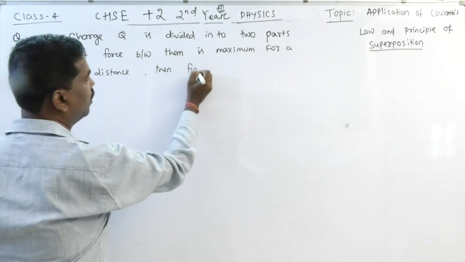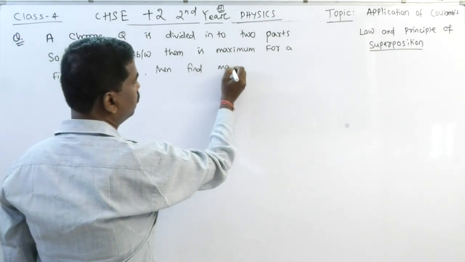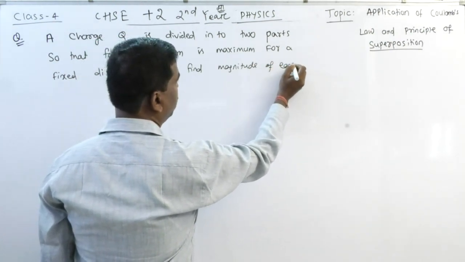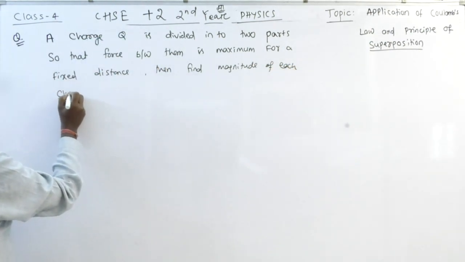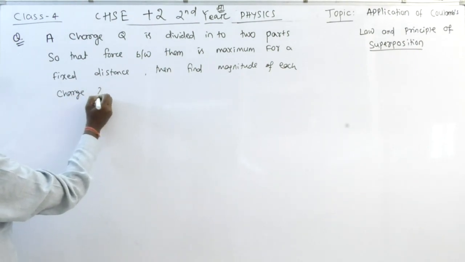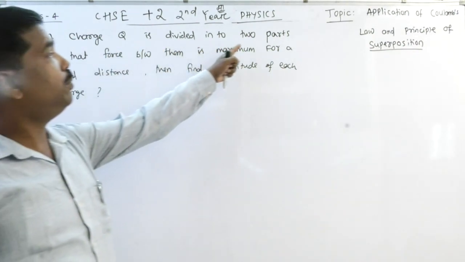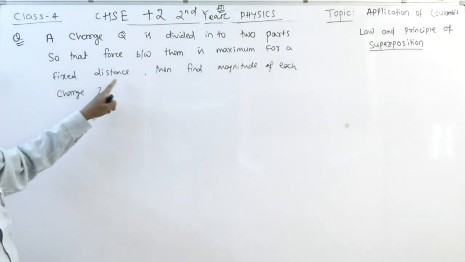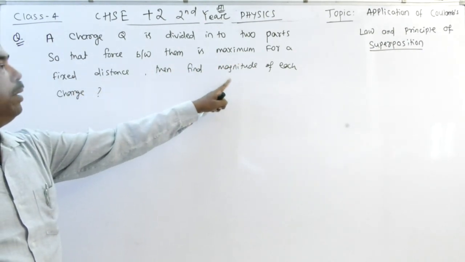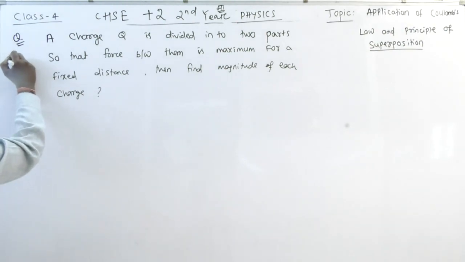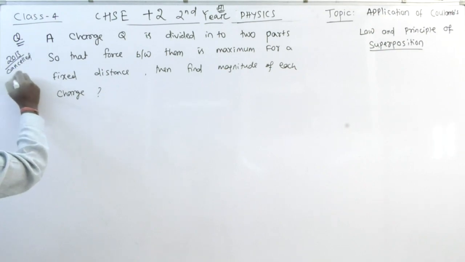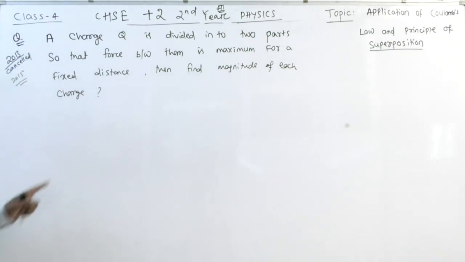Then find the magnitude of each charge. A charge Q is divided into two parts, so that the force between them is maximum for a fixed distance. Then find the magnitude of each charge. This was in the 2013 cancelled exam and also in 2015. This question is there.